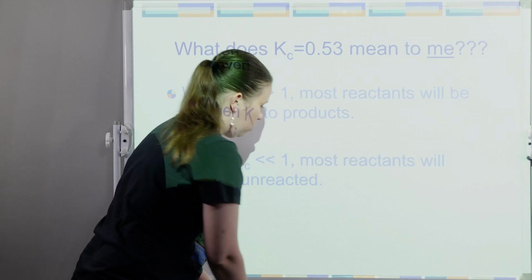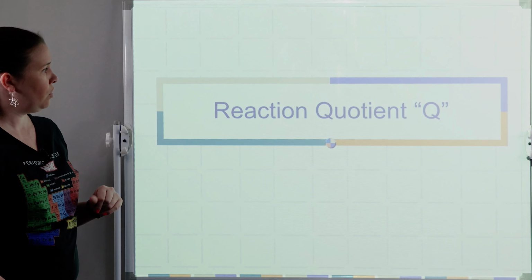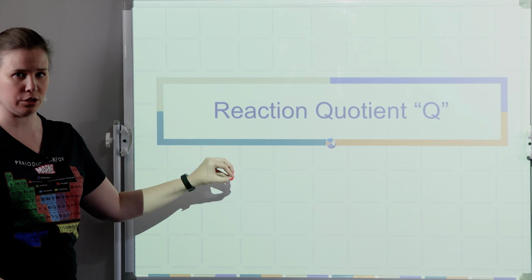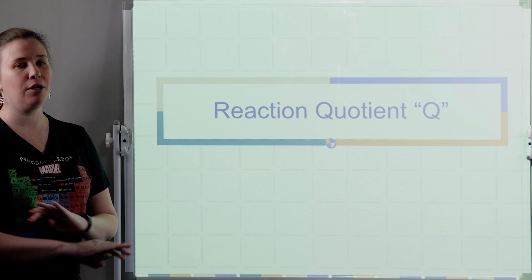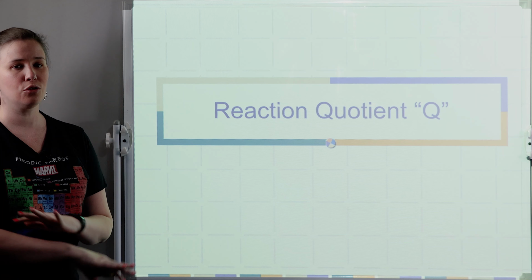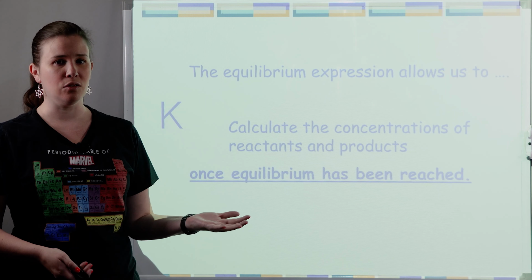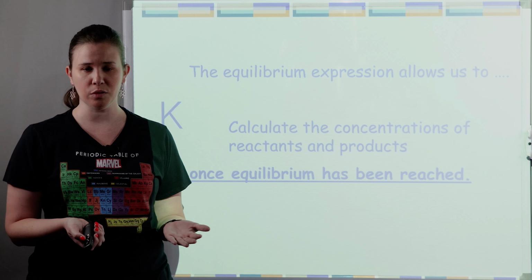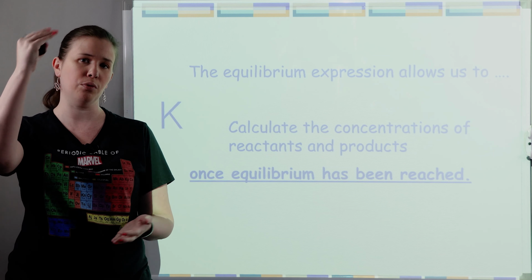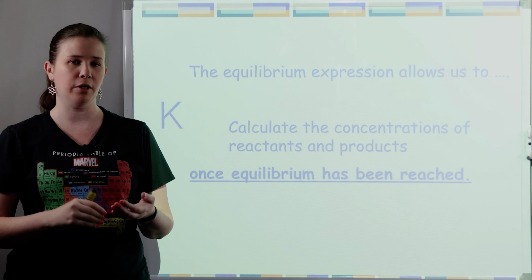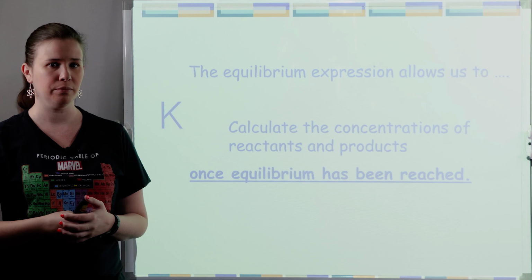We have one more expression called the reaction quotient, and it is very similar to K. K is going to be this ratio of reactant to product, the whole thing of putting product on top, reactant on the bottom, raising it to the exponent.